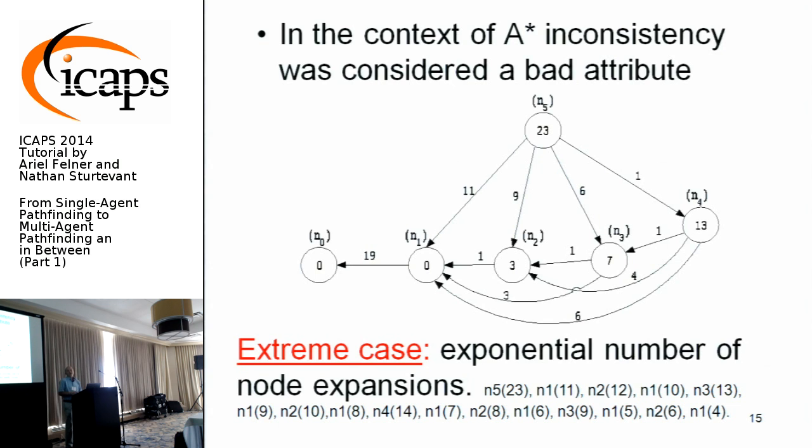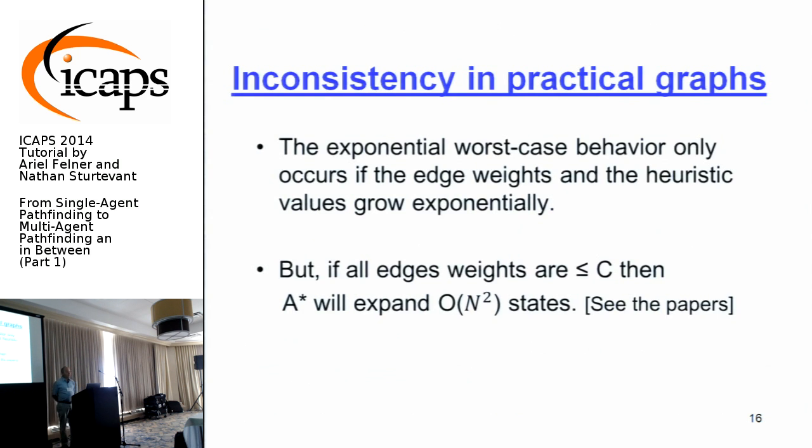Okay? So this makes an inconsistent heuristic a very bad attribute because we are doing re-expansions, and it could cause you an exponential blow up in the number of node expansions. Now comes the good part. As part of our work, we did some theoretical analysis, and of course there was this worst case scenario of exponential blow up.